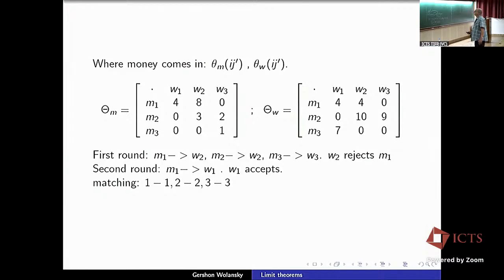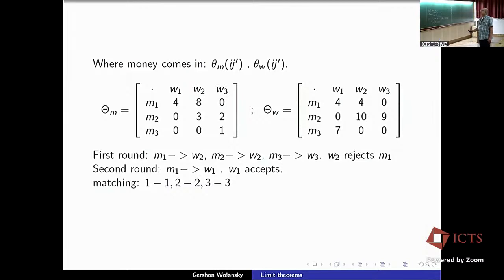Let's see what happens if we apply the Shapley algorithm. In the first round, the first man proposes to the second woman because she is the best for him. The second man also proposes to her because she gives 3, which is bigger than 2. And the third man proposes to woman 3 because 1 is better than nothing, right?